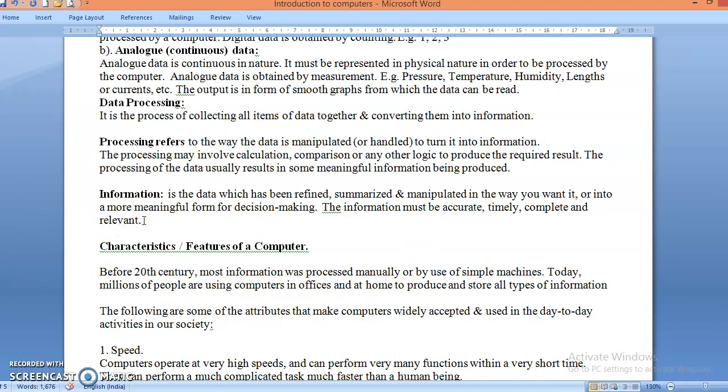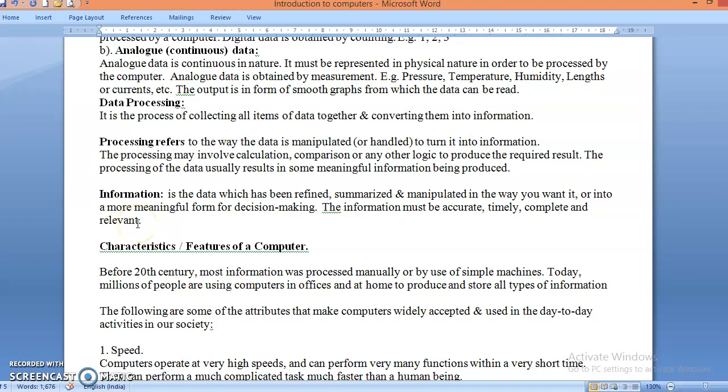It must be very accurate, it should be timely and not consume much time to process any data, it should be complete, not incomplete, and it should be relevant, meaning related to the problem that we are facing.